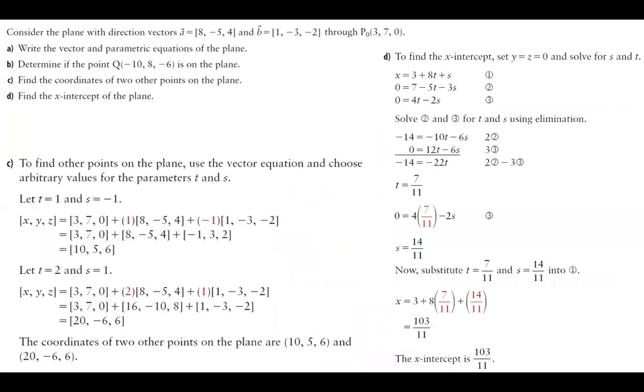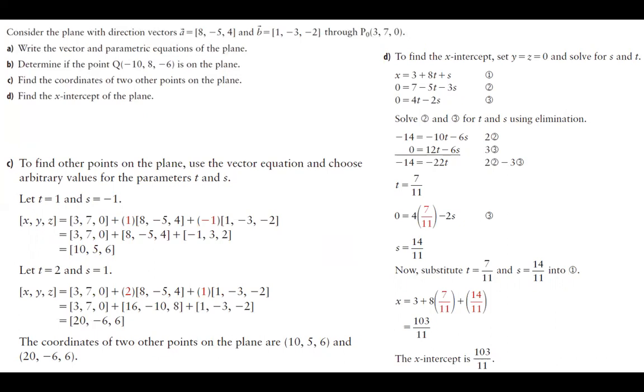Okay, then let's consider the next one. To find other points on the plane, use the vector equation and choose any values for the parameters t and s, right? For example, you can let t equals 1 and s equals -1. Then in this case, you have the three components x, y, z equals 10, 5, 6.